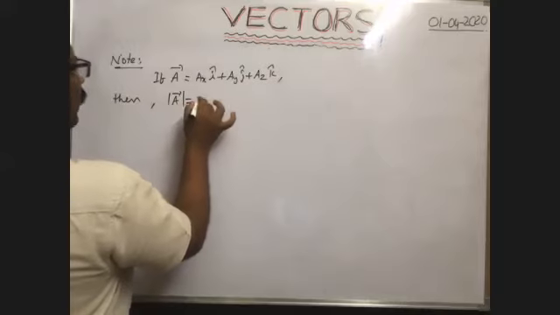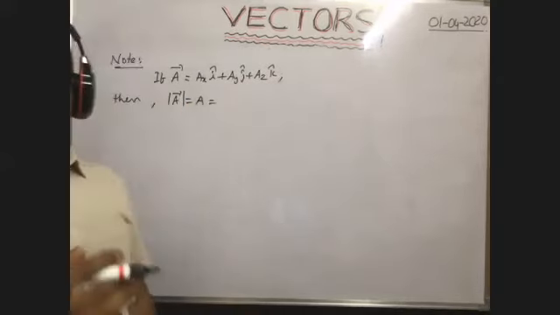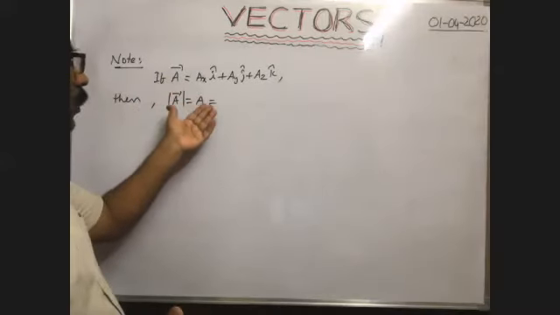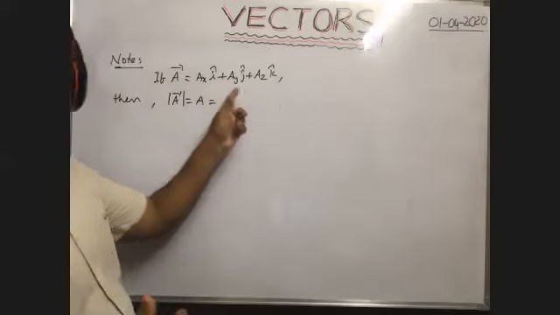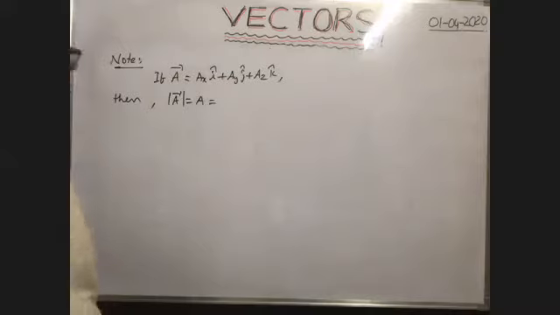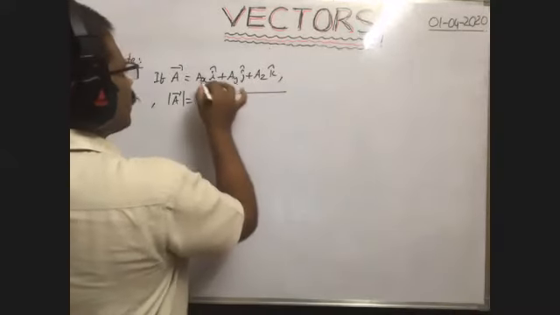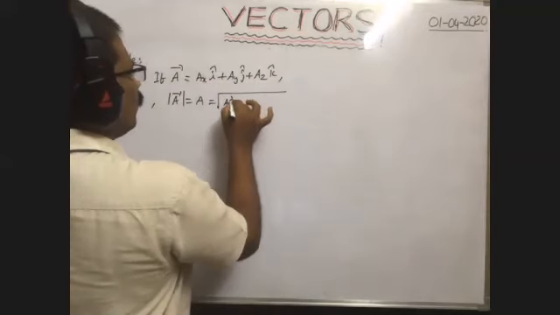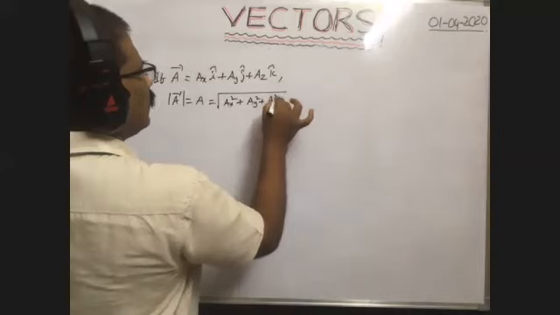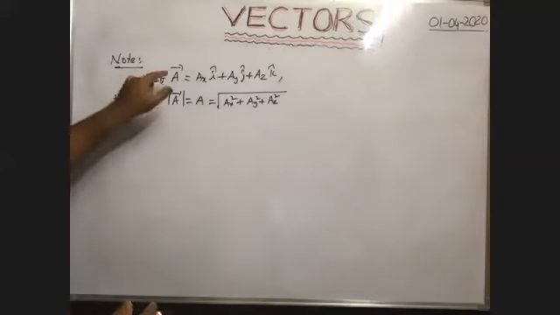That can be simply written as a, which is equal to how much? Modulus of a bar is equal to the square root of x component square plus y component square plus z component square. That means ax square plus ay square plus az square. Here this is the magnitude of the given vector.